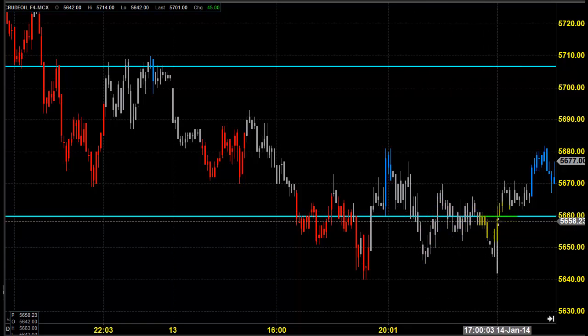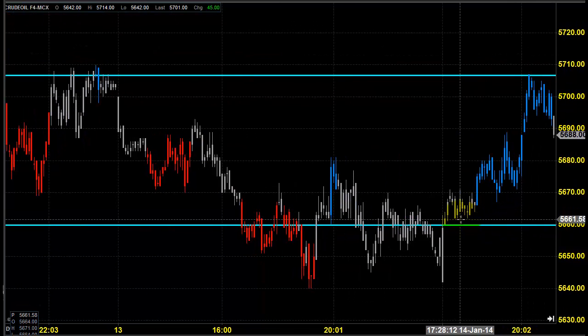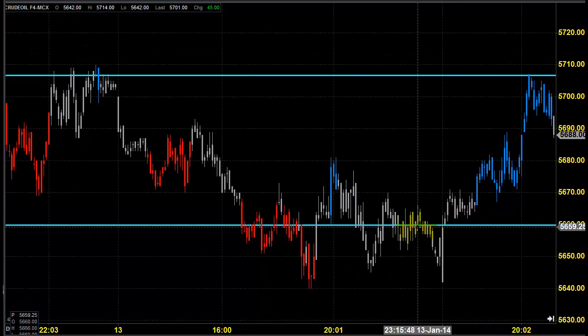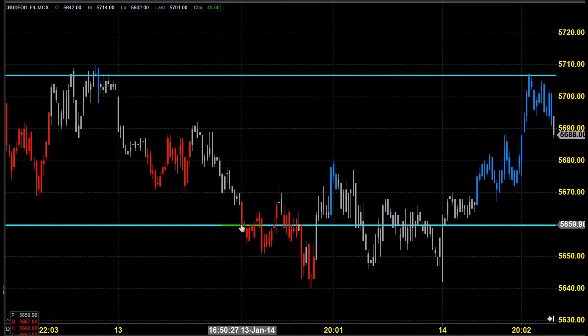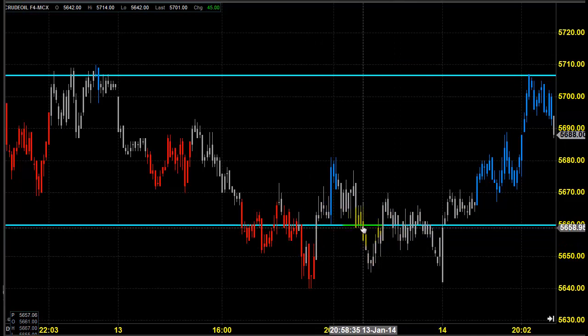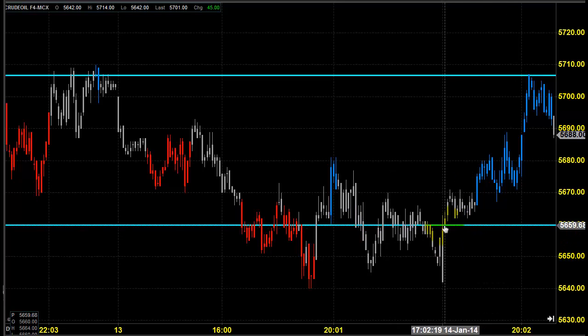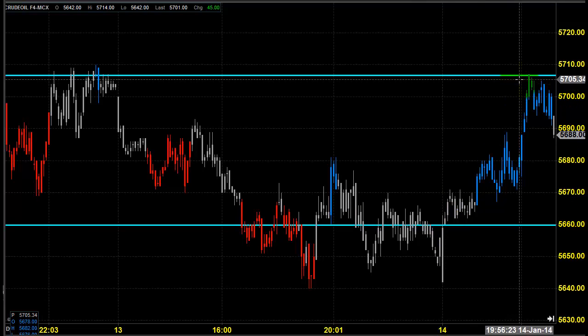On yesterday's market, that was on 14th of January, after the price opening above 5660, it was taking some support near 5660, because on the previous day so many times the price had tried to put something above 5660. Actually it was trying to find a support, because the price has dropped a lot. The crude price was trying to find a support. So eventually that pushed the price to test the resistance zone.